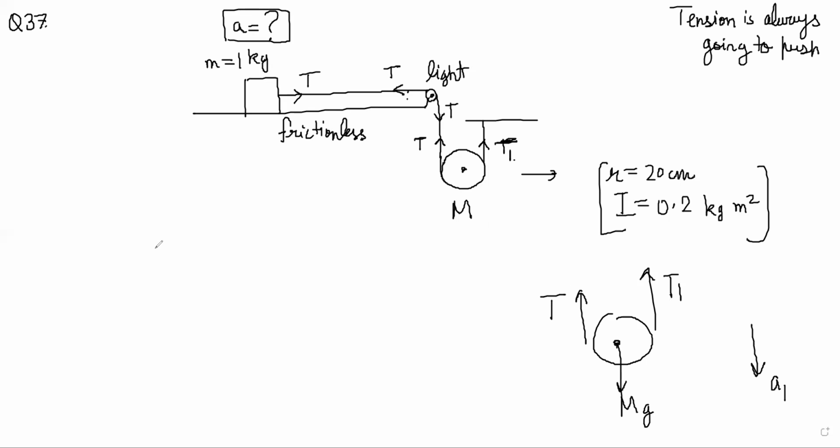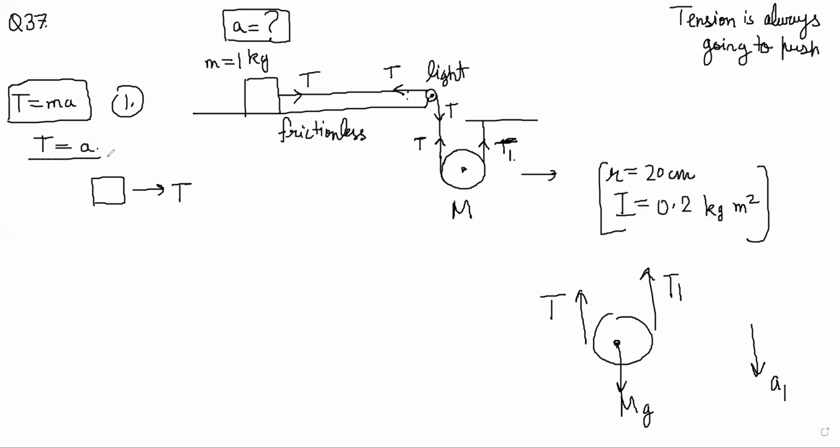And for the mass, this equation is T like this, and that's it, right? There's no other horizontal force. So you should have the equation T is equal to ma, right? T is equal to ma is the equation 1. So m is 1, so basically T is equal to a, right? So we have to find tension basically, right?